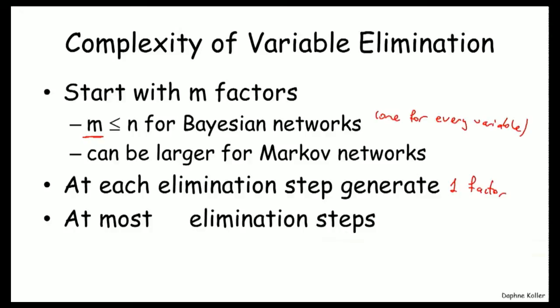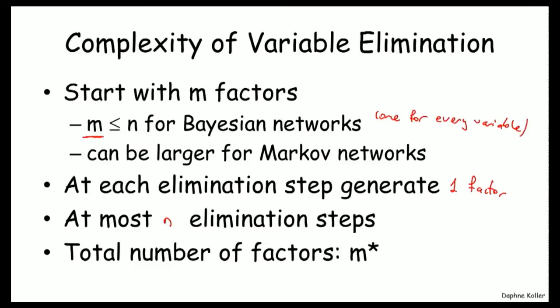Well, each elimination step corresponds to an elimination of one variable, so we have at most n elimination steps. So the total number of factors that we ever produce, which we're going to call m star, is at most m, the set of initial factors, plus the newly generated factors, which is at most n. And so altogether, m star is less than or equal to m plus n.